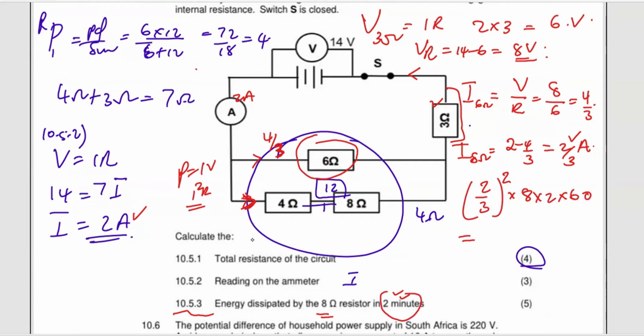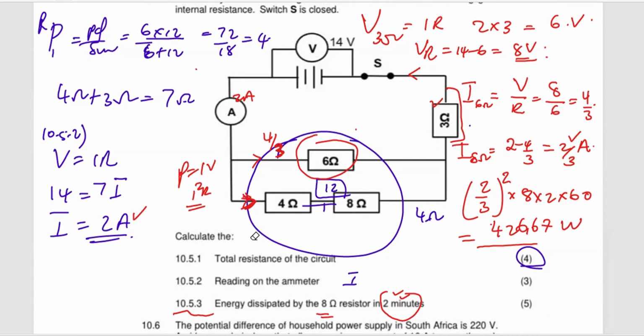Let's see what we end up with. So that's going to be 4 over 9, times 8 times 2 times 60, which gives me 1280 over 3, or 426.67. Since it's energy, it's supposed to be joules.